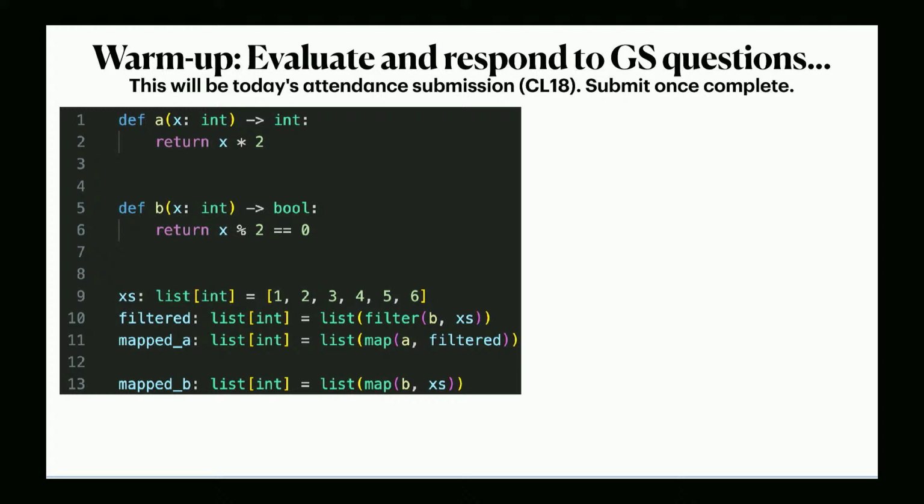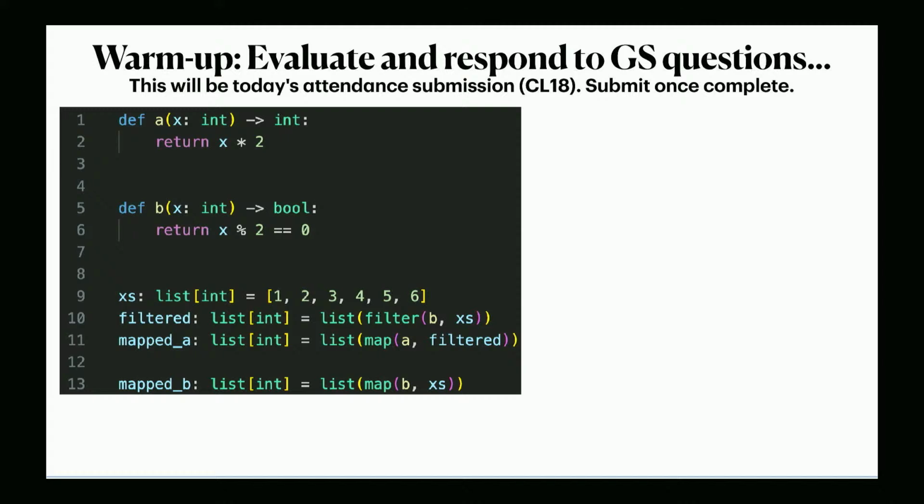You don't have to import them. They just exist by default. They exist in the same essence of how we saw their implementations. Like we actually looked at the code that made filter and map work behind the scenes in our implementations. And here we're just explicitly converting the results of filter and map into a list, which I'll explain why we have to do that momentarily.